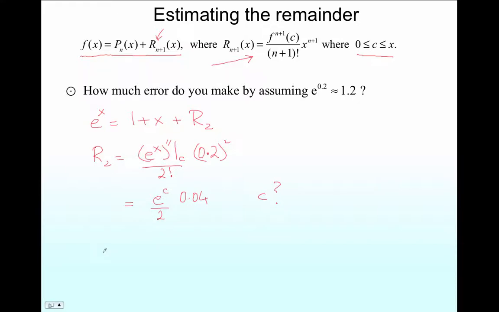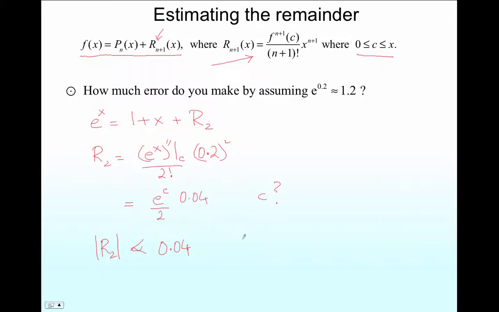I certainly know that it's going to be bigger than 1 and less than 2, and so the magnitude of R2, which I'm concerned with, is going to be less than 0.04. In other words, my accuracy is going to be about 4%, or maybe better than that.